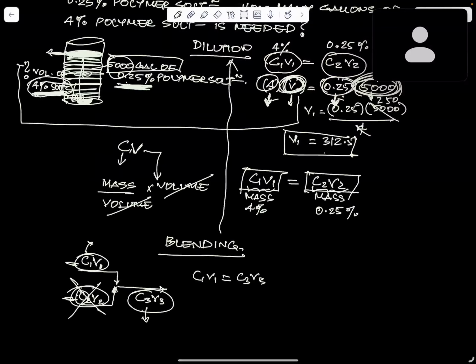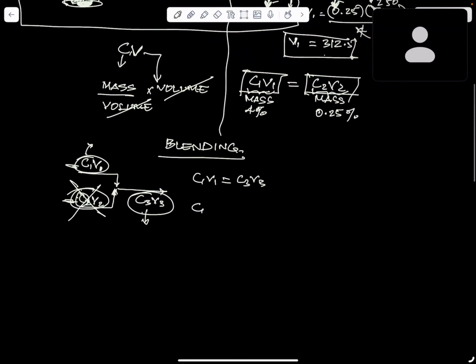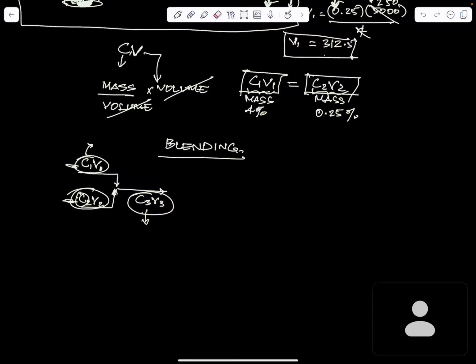But in blending, you will have your C1V1. So this is the formula for blending: C1V1 plus C2V2, which is this stream plus this stream, gives you C3V3. The only thing is, what is this V3? It's nothing but V1 plus V2, because those are the volumes that I'm adding.